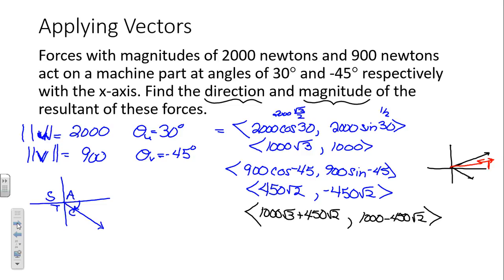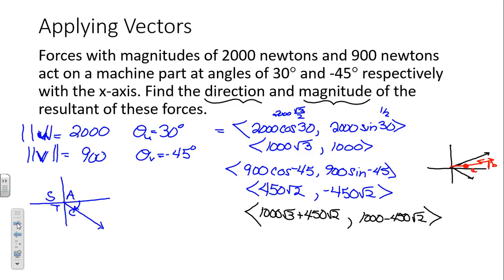So what are we looking for? If this is our A and this is our B, what are we looking for here? How are we going to get that angle? Opposite adjacent, right? We're using tangent here to get our angle back.